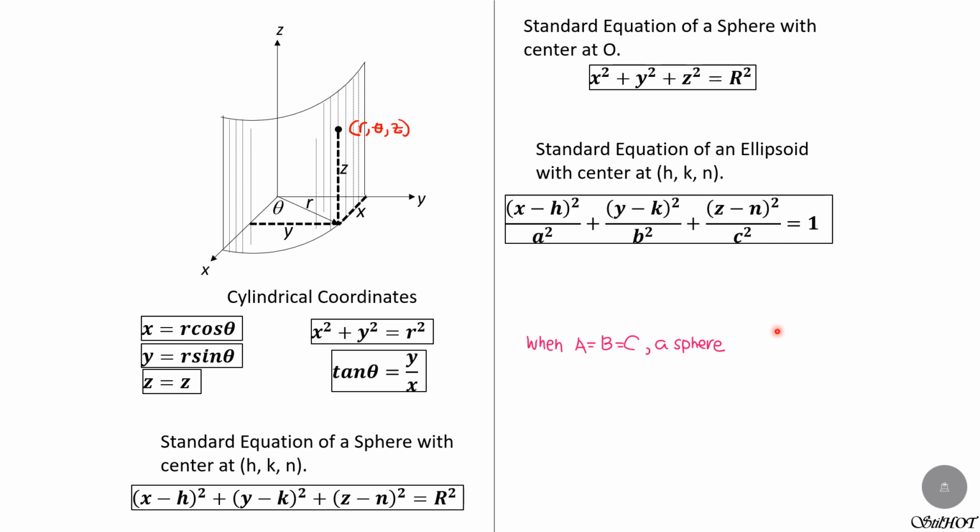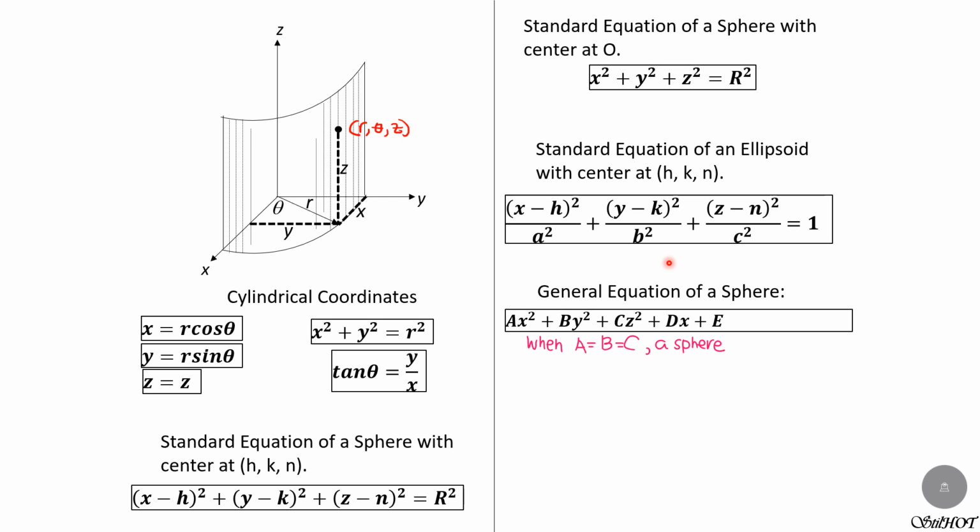The general equation of a sphere, therefore, we pattern it from the general equation of a circle, which was x squared plus y squared plus cx plus dy plus f equals 0. So here we have ax squared plus by squared plus cz squared plus dx plus ey plus fz plus constant g equals 0. So we have three second degree terms, then three first degree terms also, and the constant equals 0.